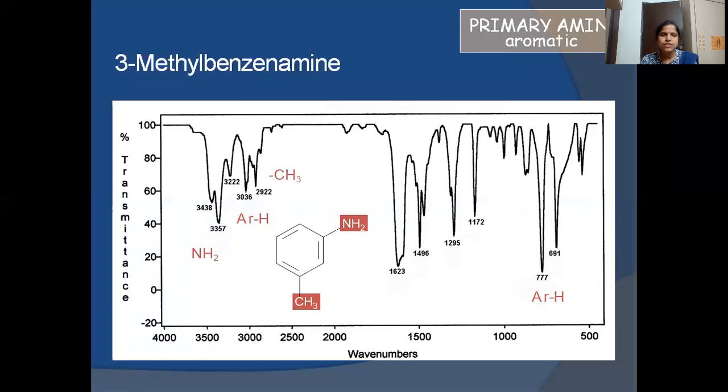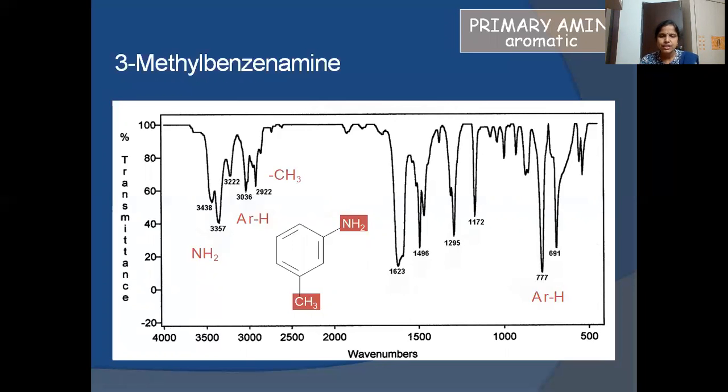And not only that, when substitutions are present on the aromatic ring, we should find the bands below 1000. So below 1000 or 900, we have to look for the bands. All these are bending vibrations of sp2 CH. Aryl means it is sp2 carbon here. So below 900, we have to look for the number of bands.